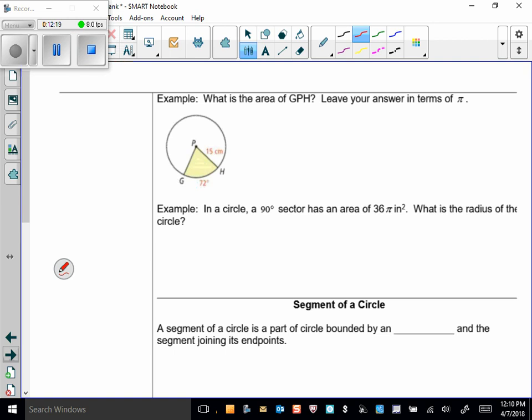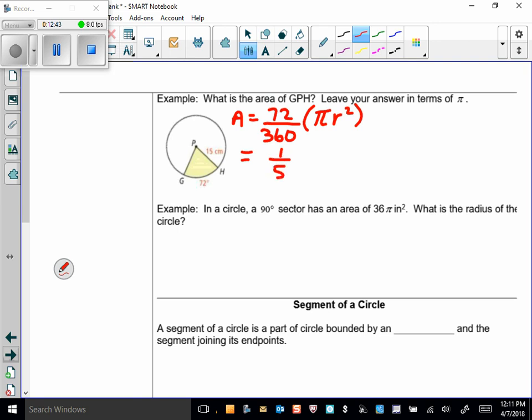Yeah, what is the area of GPH? Okay, so we know the area is going to be, the measure of the arc is 72. 72 over 360, that's the fraction of the circle that sector is, times pi r squared. So what is 72 over 360?